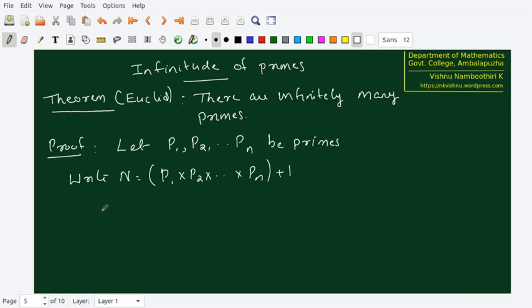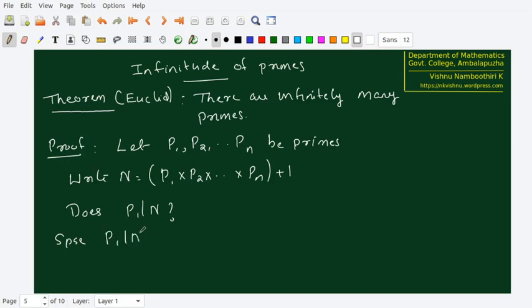So, does P1 divide n? That's the first question that we want to ask. You can actually observe a small problem if this happens. Suppose P1 divides n.